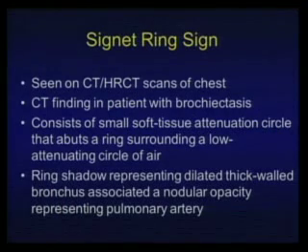And lastly, but not least, we have the signet ring sign that is seen in cases of bronchiectasis, and this sign is seen in CT or high-resolution CT, and you have to remember the anatomy. At the level of the small airway, or centrally, we have a bronchus and an artery. And distally, we have a bronchiole and arteriole, always.